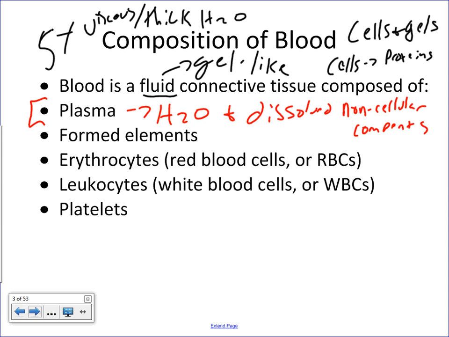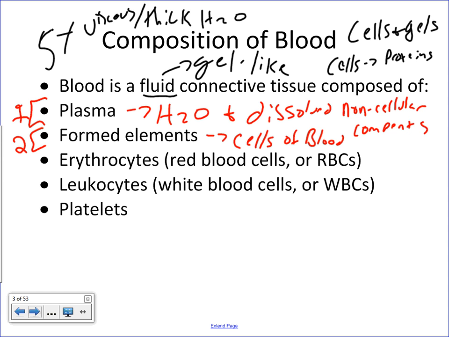So plasma is the water aspect of blood, and this would be the first part. The second part would be the formed elements of blood. Think of the formed elements as the cells of blood, the cellular composition of blood.